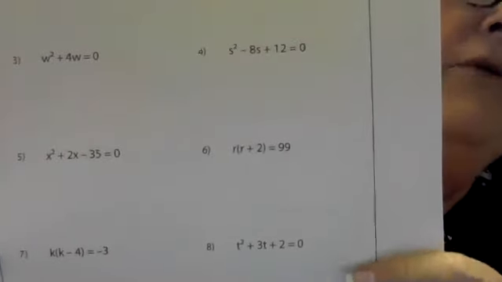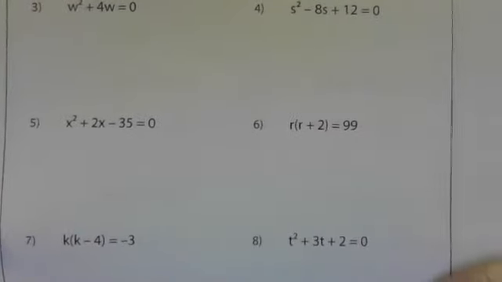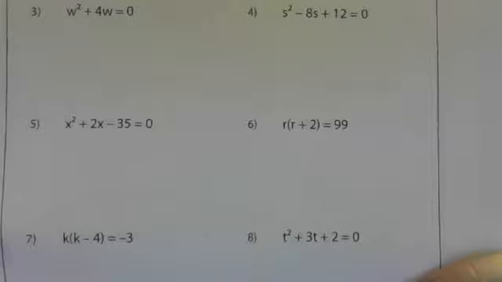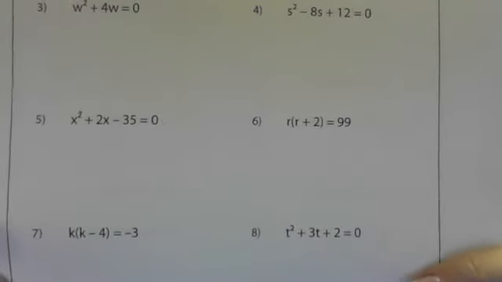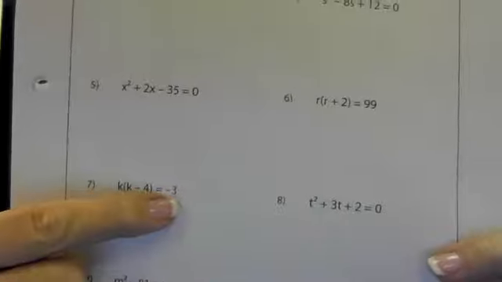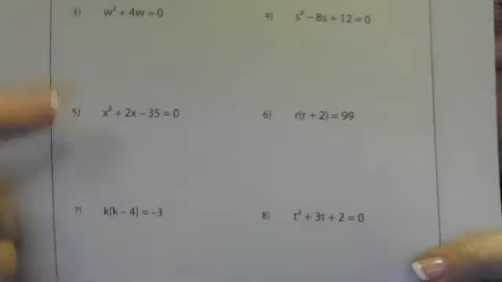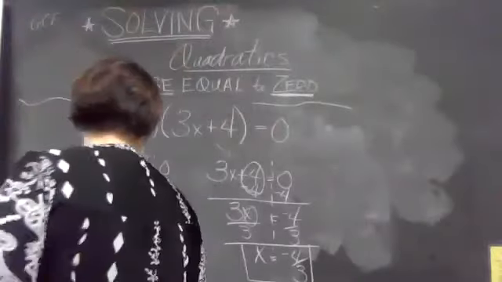I think I'm going to go ahead and do both of these, 6 and 7, because they're actually already factored for you. But we have to undo some stuff because they're not equal to 0. See here? And we can't do anything until this thing is equal to 0. Same thing over here on 6. It's not equal to 0, so something else has to be done. So let's start with number 6.